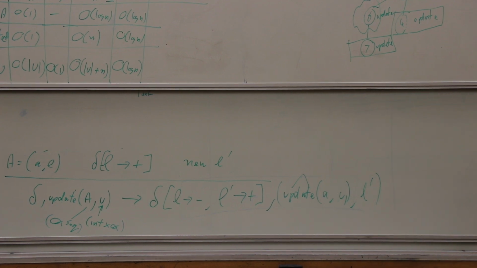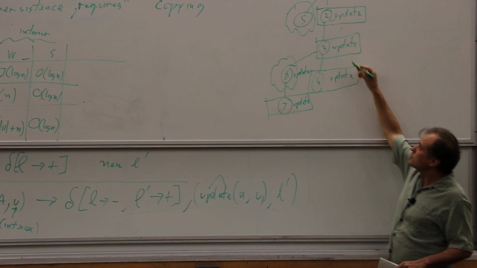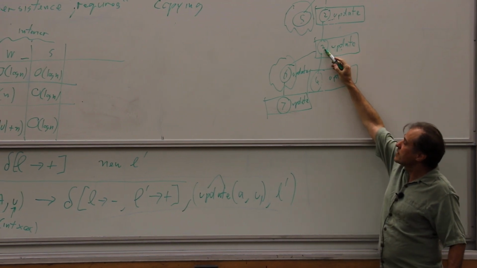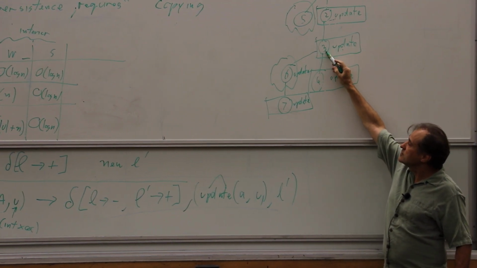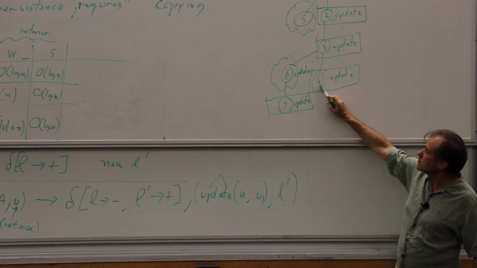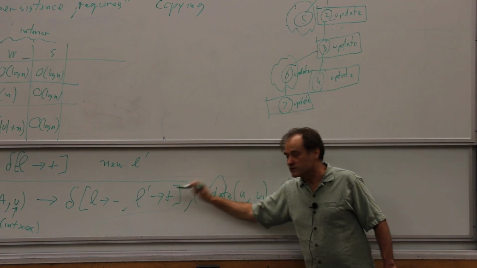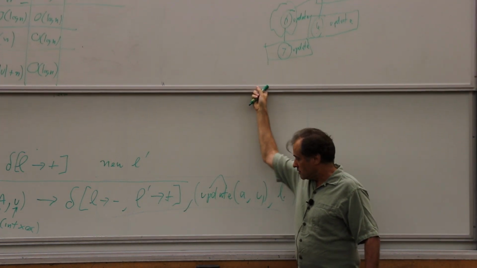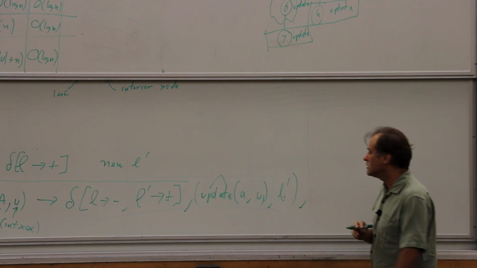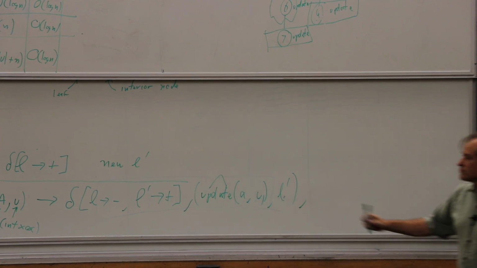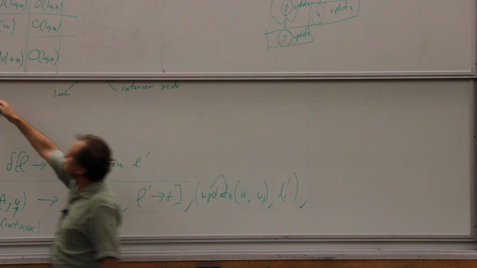So we've created, for example, we've gone from here to here. We've modified this one to be marked as an interior. We created this one, and we've returned both the array plus the indication that it's new, which is this L prime, which maps to plus. And its work is, because this was plus, I go to this particular rule here.